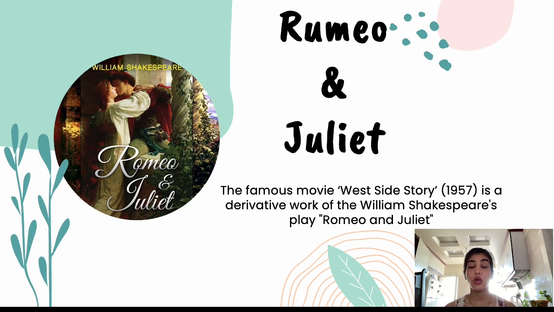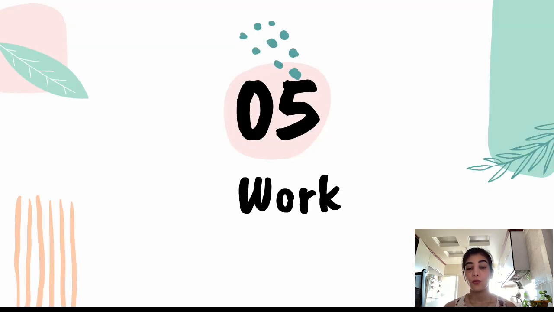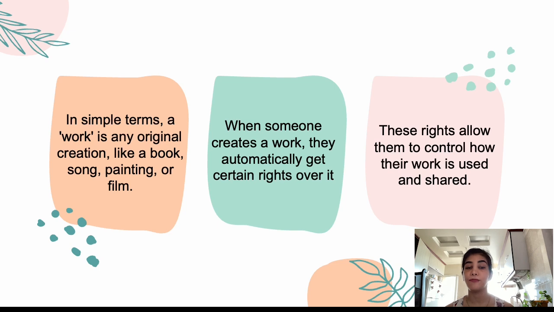Number five, work. Work is actually the creation of the creator. Work is anything that comes out of the mind that is capable of protection. In simple terms, a work is any original creation like a book, song, painting, or film. When someone creates a work, they automatically get certain rights over it.